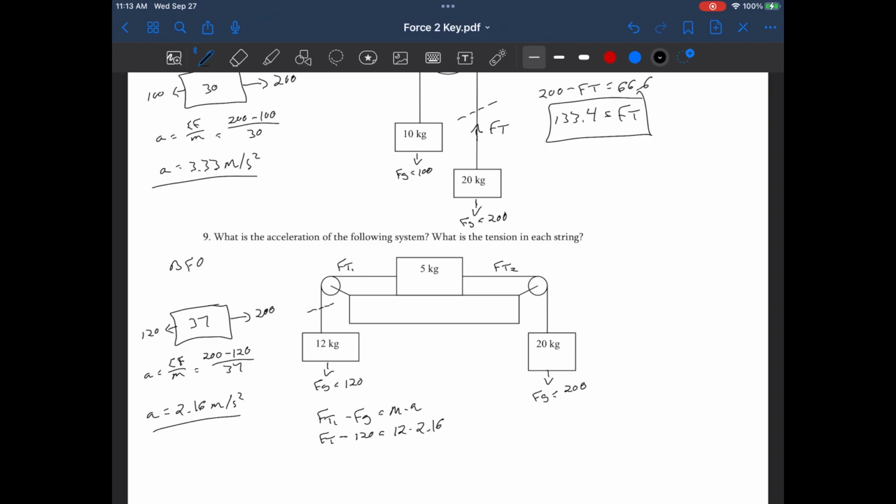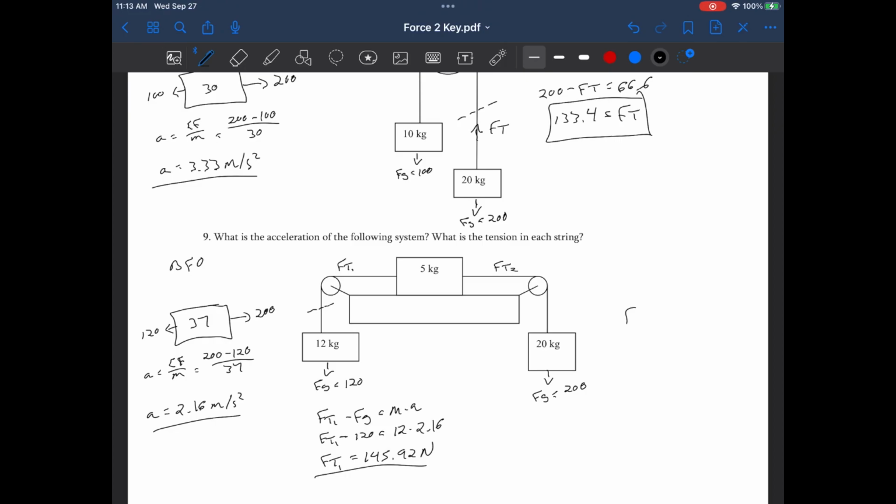Multiply on the right and then add that 120 over because tension has to be bigger than gravity on the left. Force of tension 1 equals 145.92 newtons.